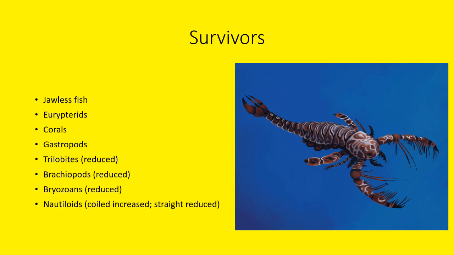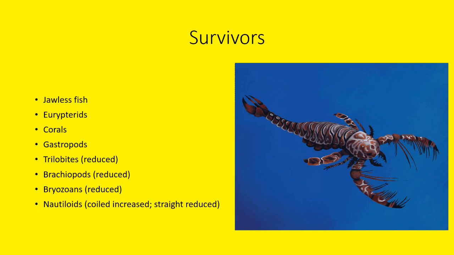And so those types of animals that were greatly affected were the trilobites, brachiopods, bryozoans, and the straight cone nautiloids. Those animals did not do very well after the Ordovician extinction.